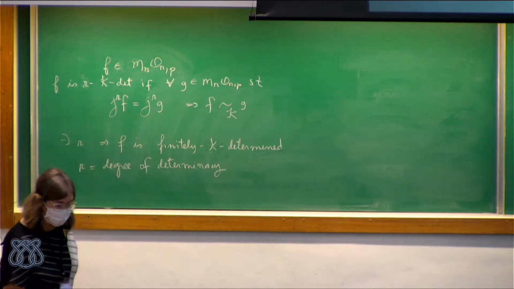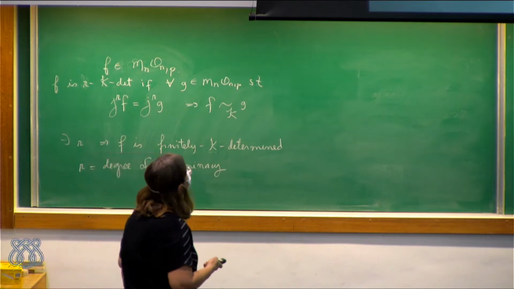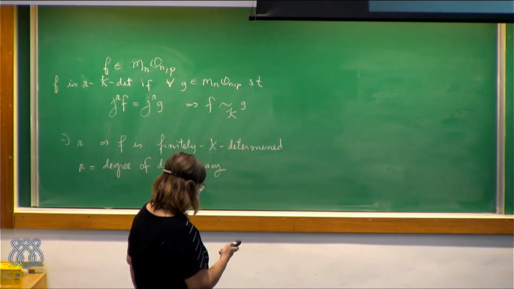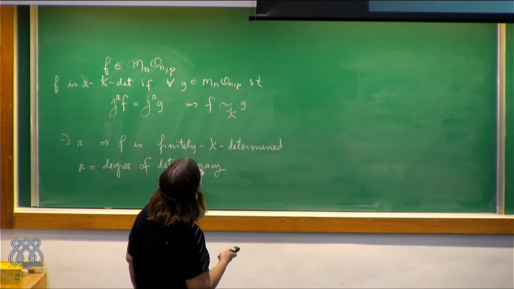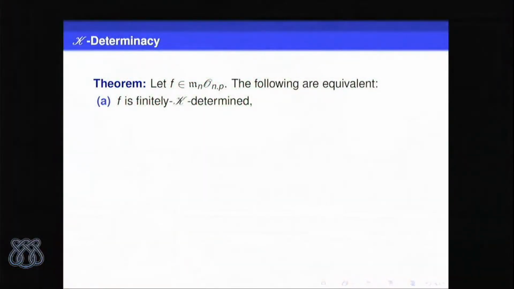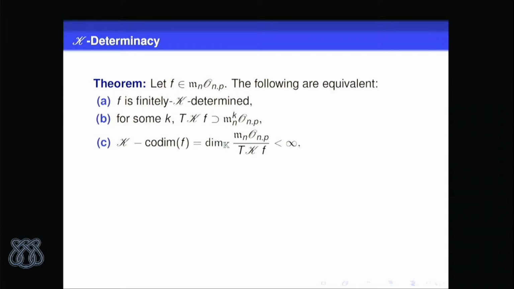Then we have this nice theorem. We say that F is finitely determinate if and only if the K-tangent space contains some power of the maximal ideal, if and only if the K codimension is finite, which we define.